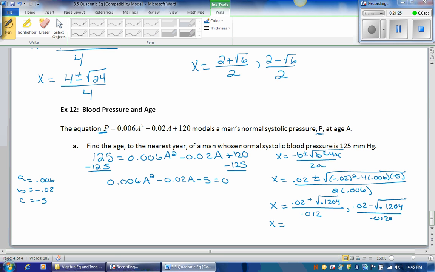So 0.02 plus the square root of 0.1204 divided by 0.012 is going to give me 30.5823.